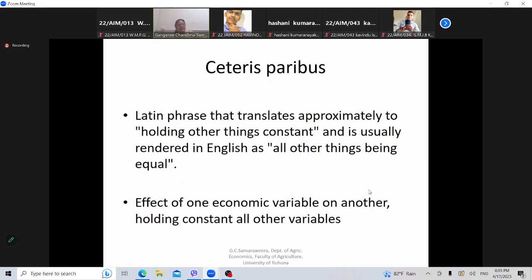Okay, then a new term comes: ceteris paribus. Ceteris paribus means holding all other things constant. In the law of demand, you may remember we kept all other factors constant, and we see the change of price and the quantity demanded. So that is called ceteris paribus, that is a Latin phrase.